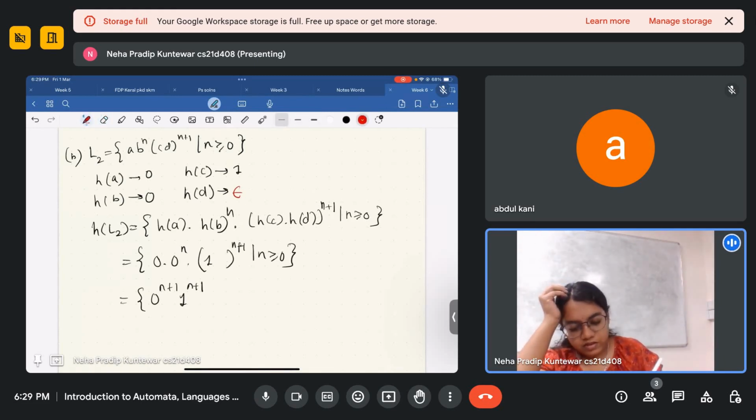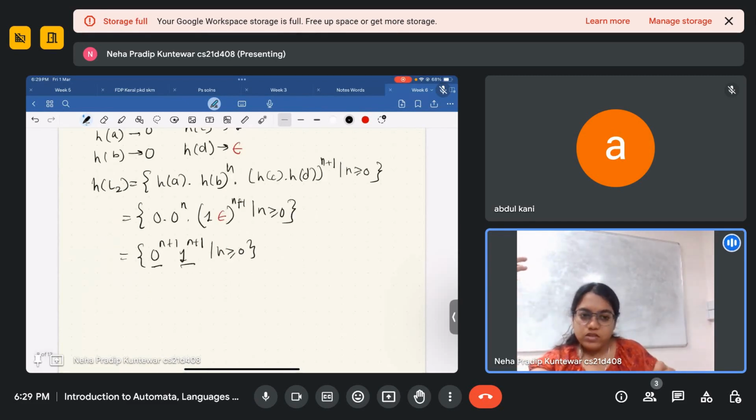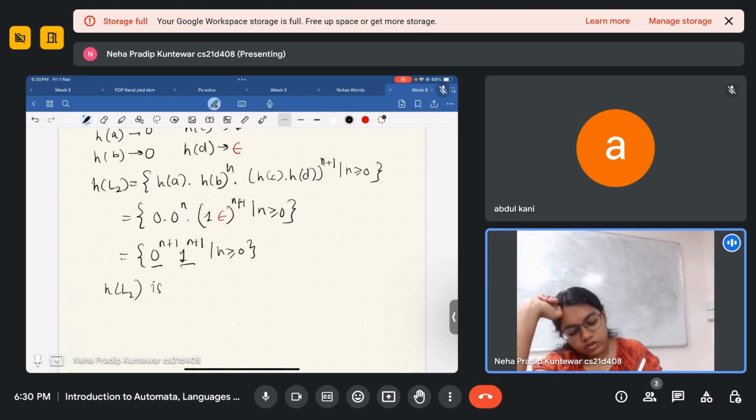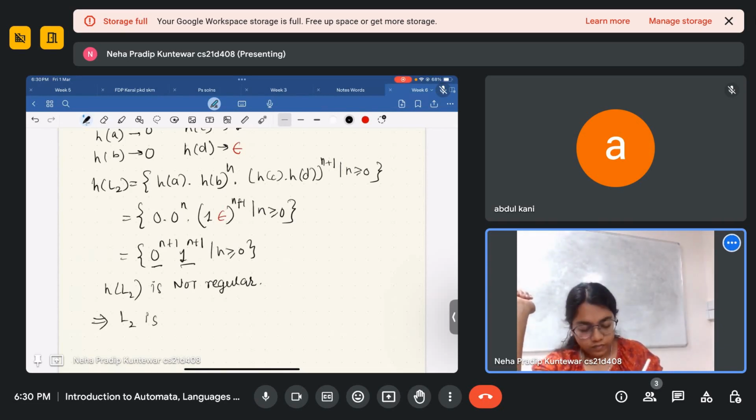This becomes epsilon, and what I get here is exactly what I wanted. I get n plus 1 zeros followed by n plus 1 ones, n greater than or equal to 0. And this language is something that we have already shown is not regular. So h of L2 is not regular, and therefore this implies that L2 is not regular.